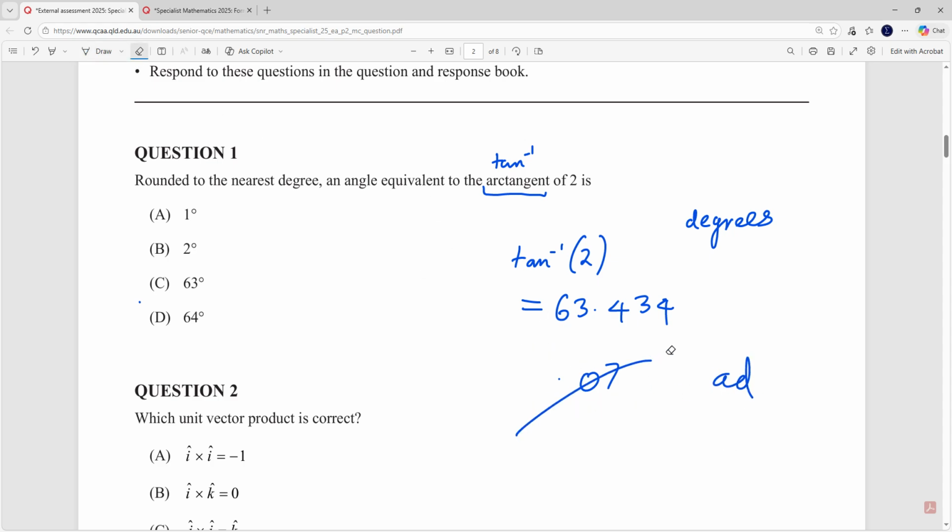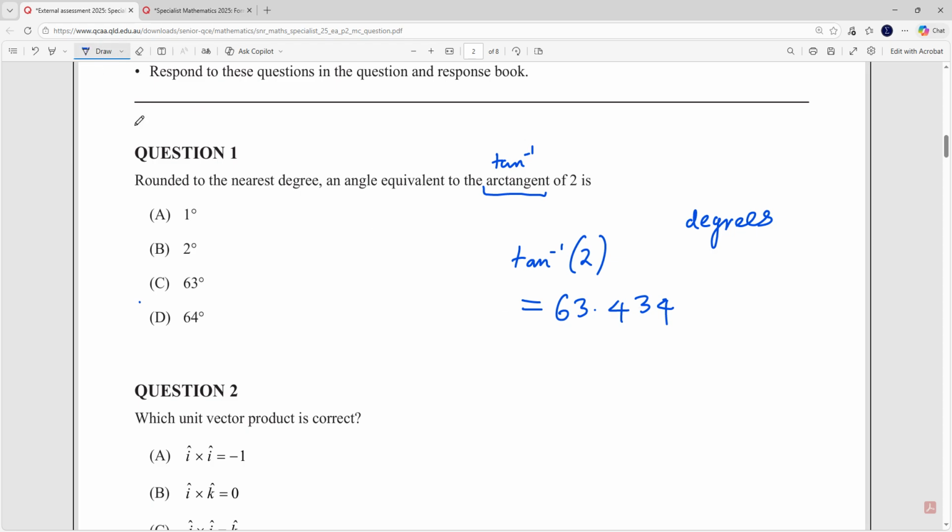Super important. Now, 63.43. Most people would be rounding that. Now, because it is below 5 here, you have to round it down to 63. Because remember, it says to the nearest degree. 63 is closer to this than 64 is to that. Really simple question, yet a lot of people will lose a lot of marks here, okay? Don't lose marks here, okay?